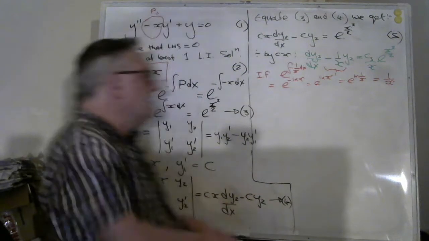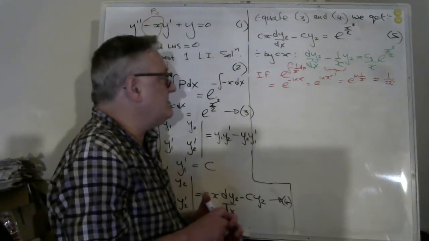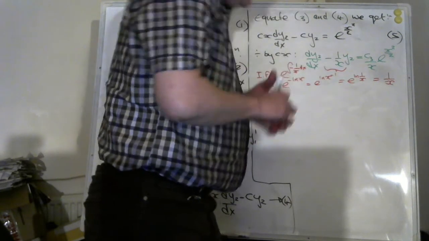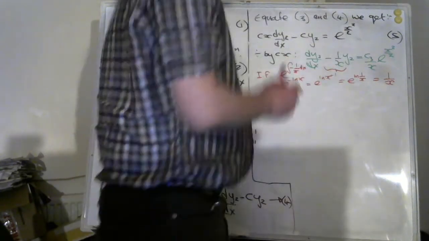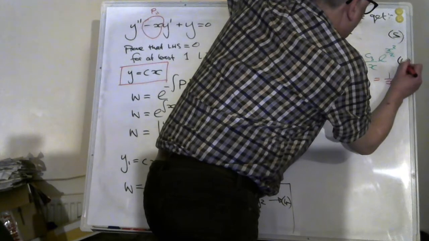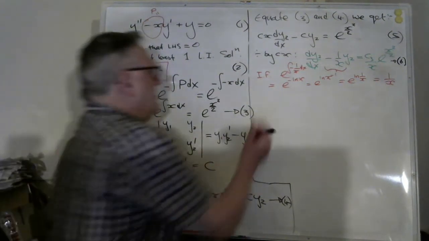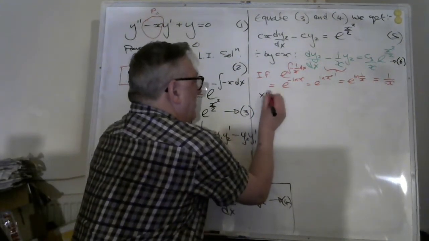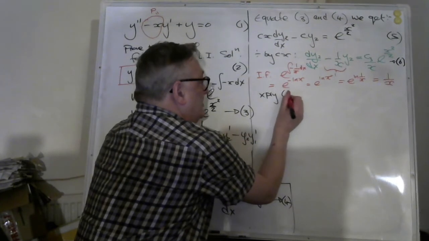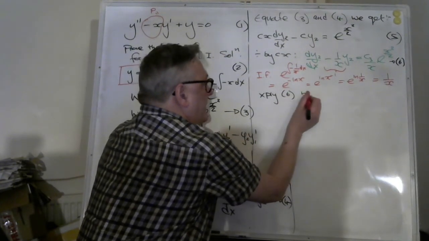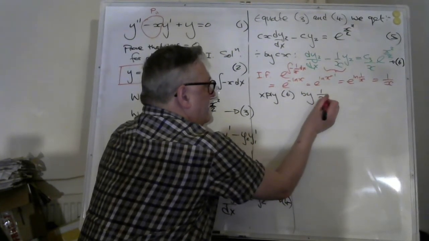So we multiply that 1 over x by, I'm going to call this equation 6, if I can just squeeze it on. So we multiply equation 6 by 1 over x, right?